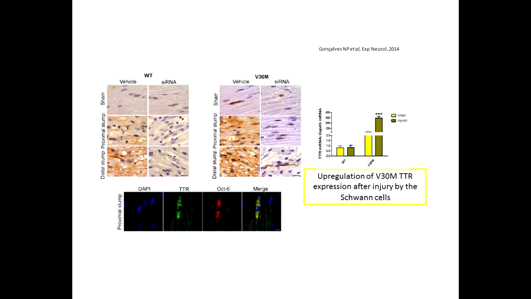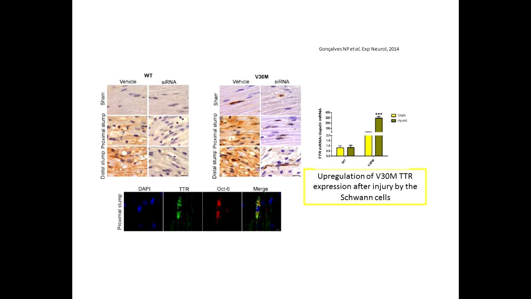But look, you still have synthesis in Schwann cells. We know it is in Schwann cells because if you label for TTR with OCT6, which is a marker for Schwann cells, you have colocalization.